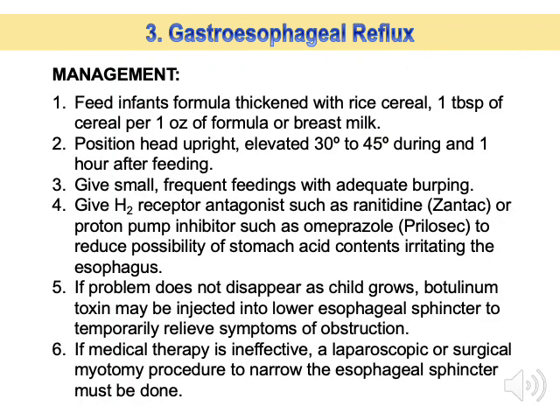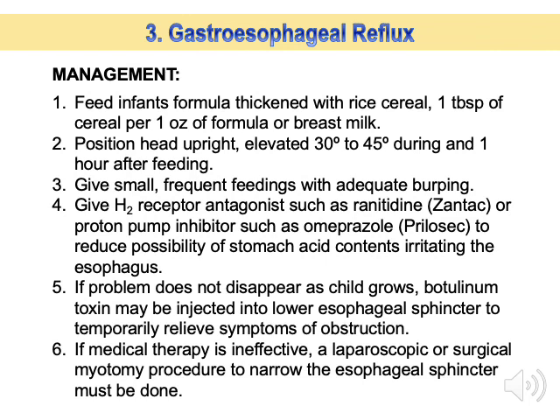Management: it's important to feed infants with thickened formula. Position head upright. Give small frequent feedings with adequate burping. Give medications such as ranitidine, omeprazole. This will reduce stomach acid contents irritating the esophagus.